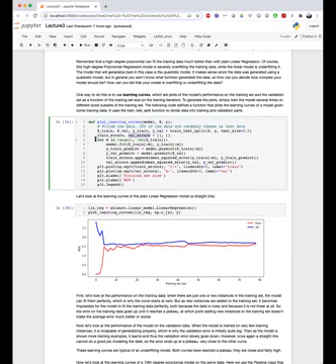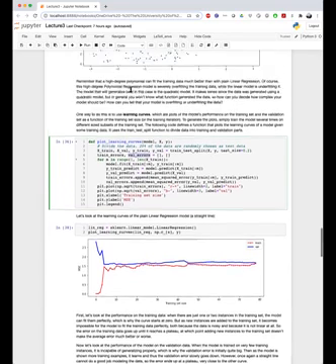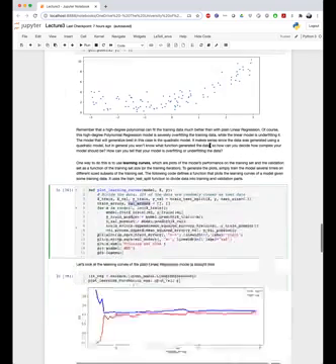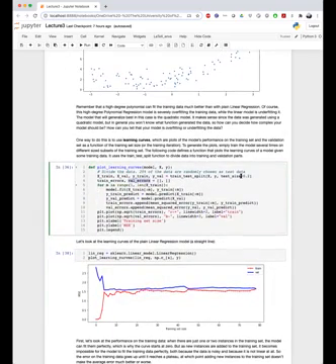So we do a for loop. The for loop is from 1 to the number of training data. For example, we have 100 data in this case. Test data has 20 entries. For training, we have 80 instances or 80 data points.